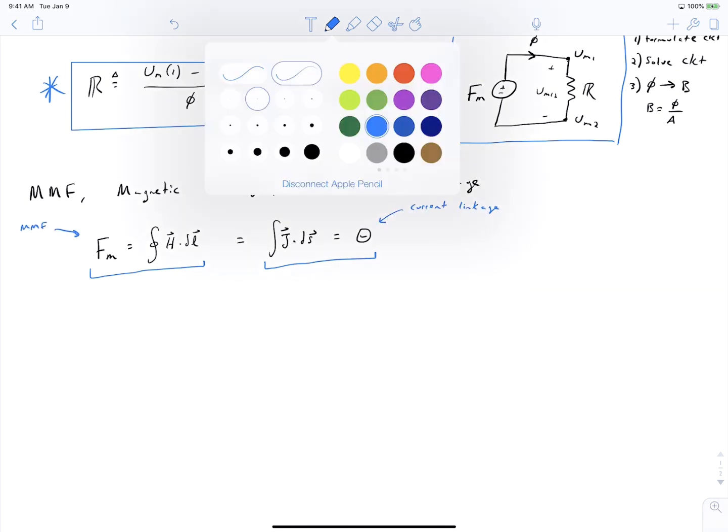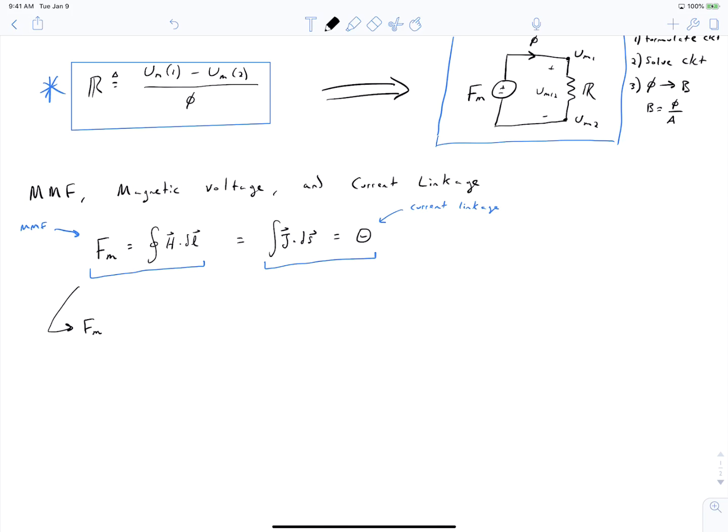Let's expand this a little bit. MMF can be written as a summation of magnetic voltages throughout a magnetic circuit. So we sketched a magnetic circuit up here that had a magnetic voltage, and if you sum up all your magnetic voltages along a closed loop path, you get the total MMF that is applied to that path. This is directly analogous to electric circuits.